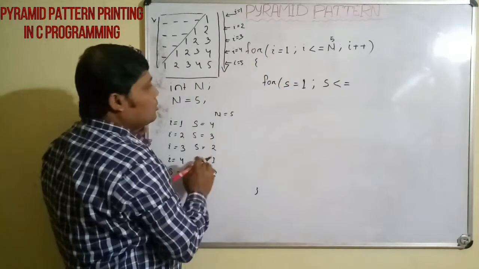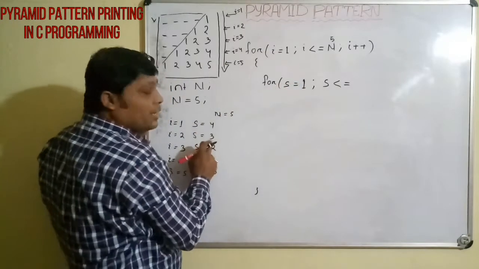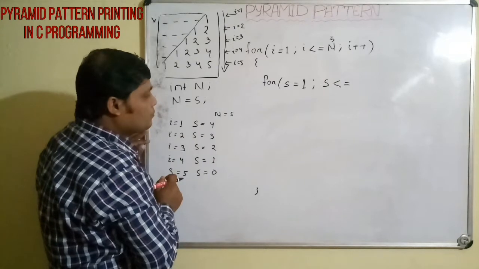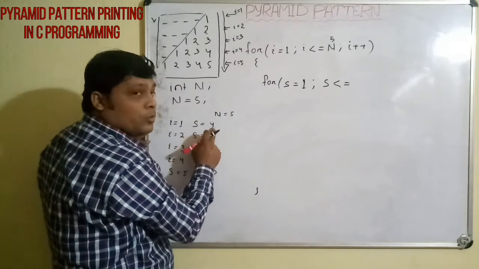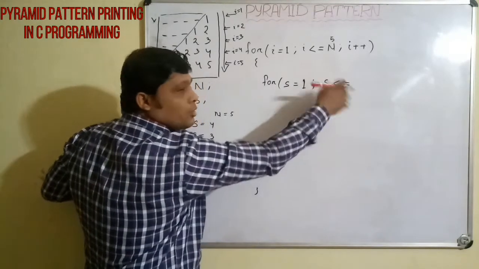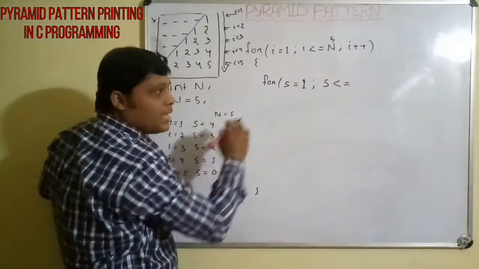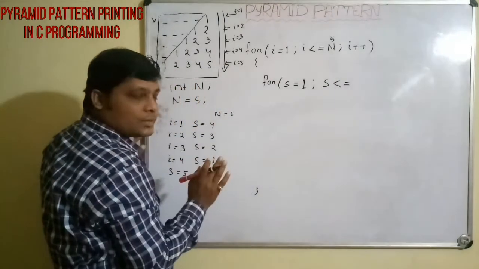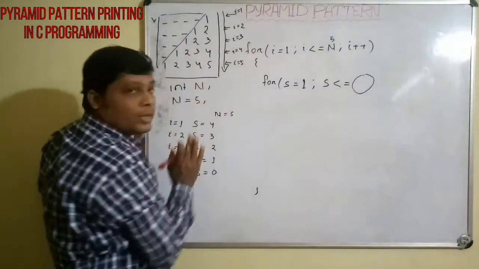When I equal to 2, it will continue for 3 times. Clear? Suppose I am writing 4, it will continue for 4 times, next for 3 times, then 2 times like this. So this will be one variable. Which variable we will decide from here.